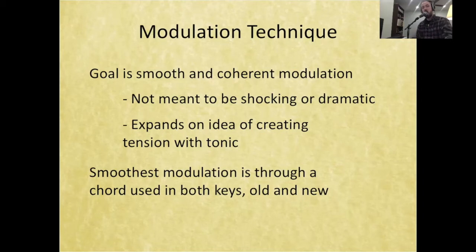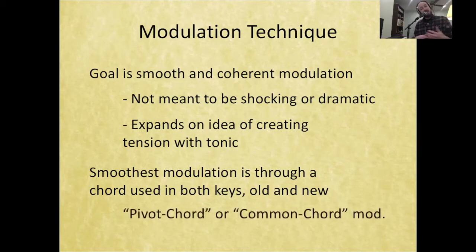And so we're going to look for a chord that is present in both of those keys, and the term we use for that is we call it a pivot chord. Sometimes you'll hear people call this a common chord modulation. I'm much more likely to call it a pivot chord modulation, because if we've got the old key, we've got the new key, we're going to pivot just for a second right in the middle on that chord, which is a member of both keys.